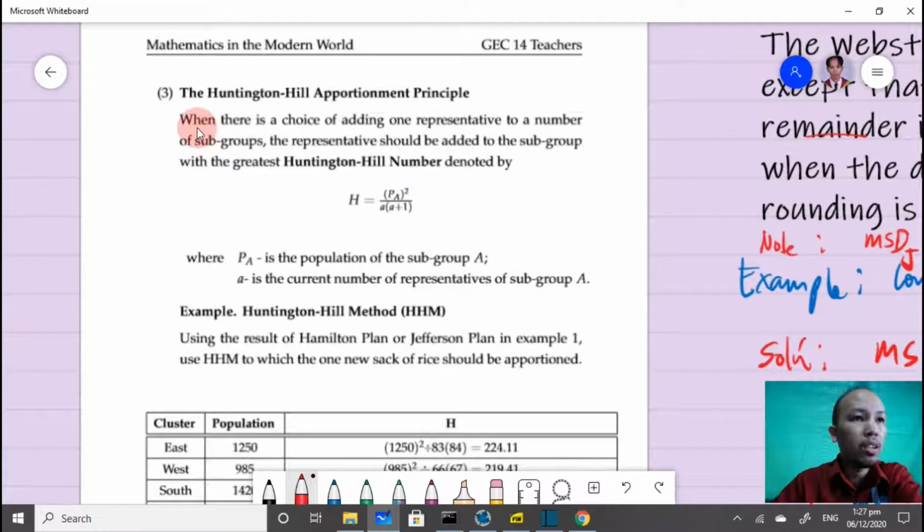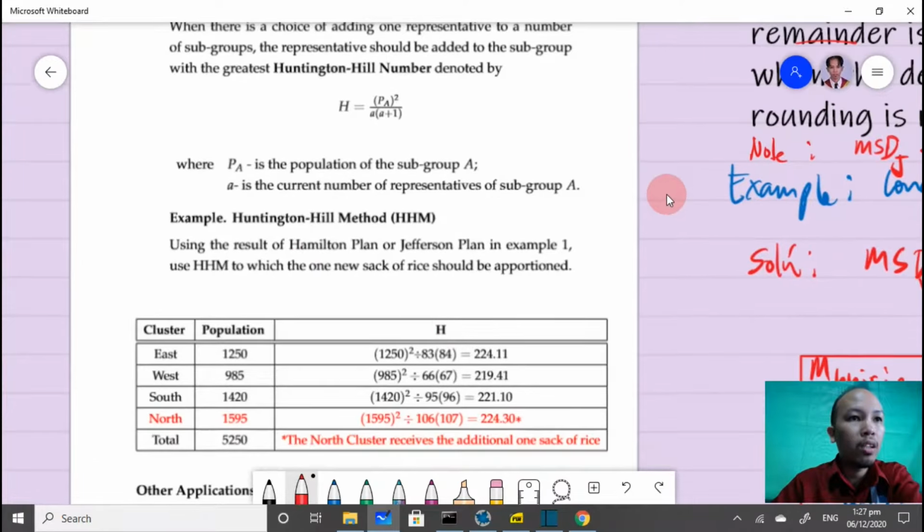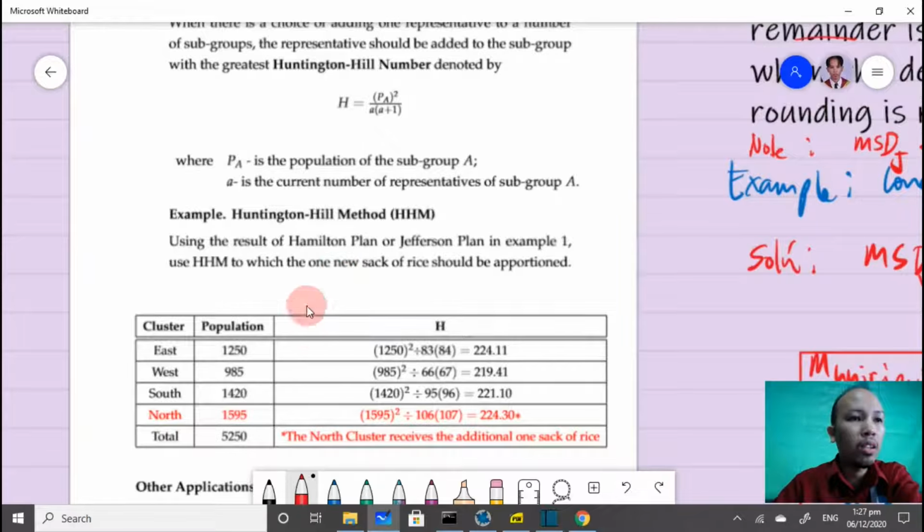What has been given to you in the module is that the problem here is you are given a table where the representatives were already given, meaning the problem was already solved by the Hamilton plan or Jefferson plan, and then you are asked to add one more representative, or in this problem, one new sack of rice to be apportioned.